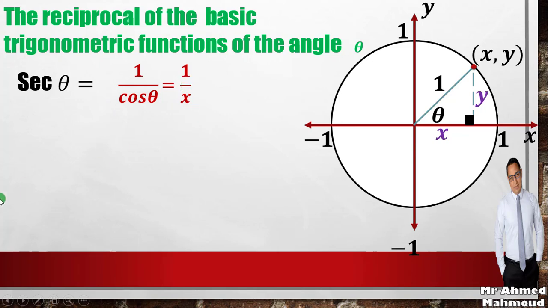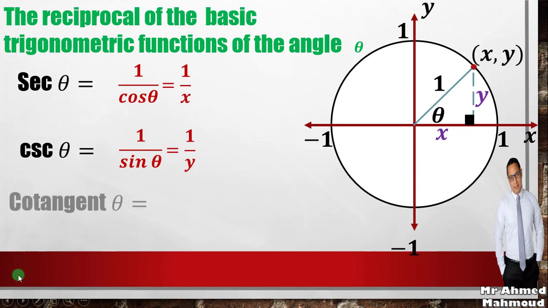Number 2, we have cosecant theta, abbreviated as CSC, cosec theta. Cosec theta is the multiplicative inverse of sine. It will equal 1 over sine theta, which is 1 over y.